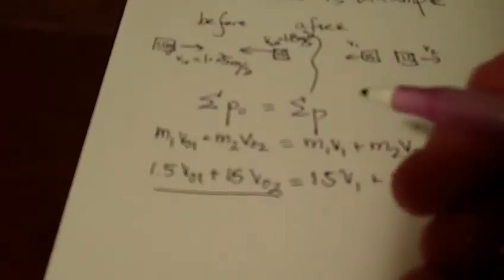So if I divide both sides by 1.5, because both of the masses are the same, I end up with v01 plus v02 equals v1 plus v2.